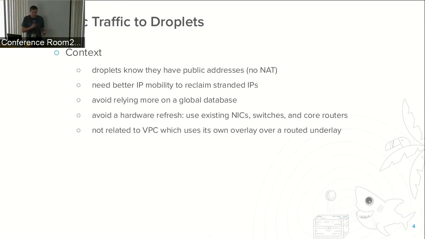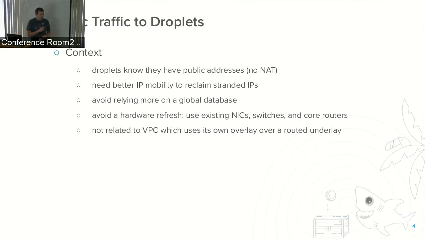A couple other things for context around this project. We needed a little bit better IP mobility than what we had. We'd been stranding IPs, and since every droplet gets a public IP address, we have a lot of IPs.